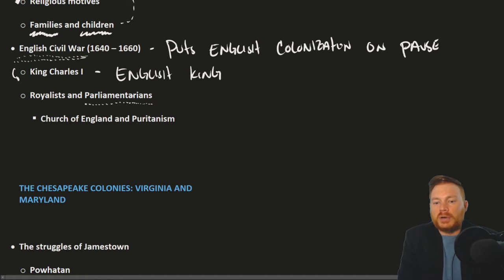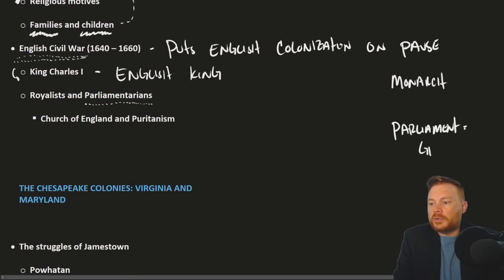We'll talk a little bit about English politics, but pretty much in England, there is a monarch. The monarch is either a king or queen. We talked about Henry VIII, Elizabeth I. At this time, it's Charles I. But there also is a group called the Parliament, which is a group of nobles.